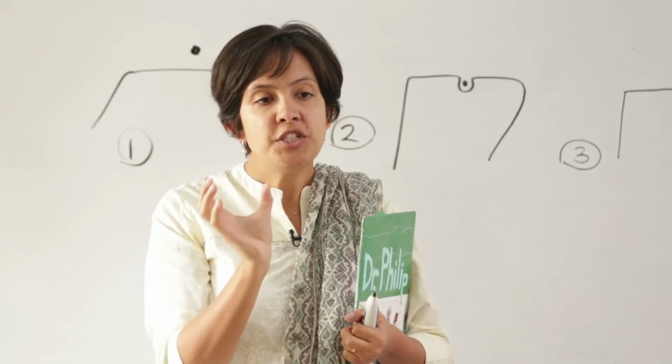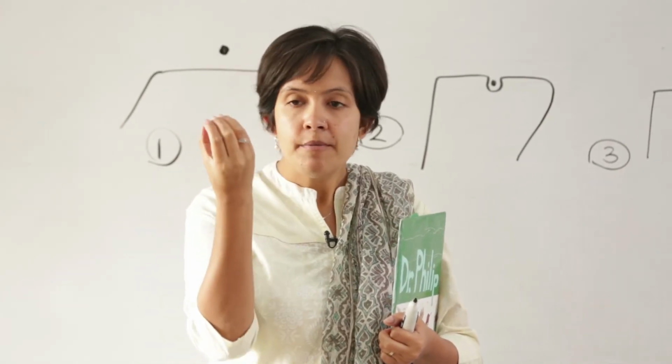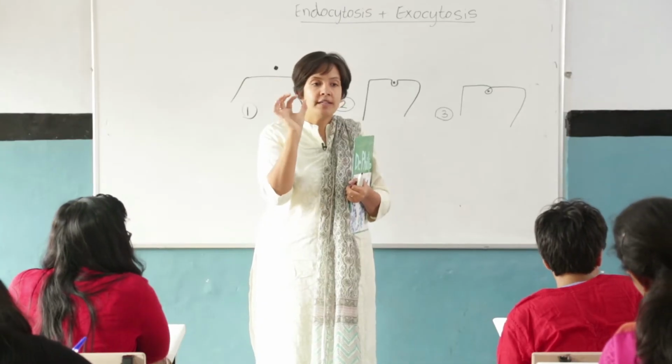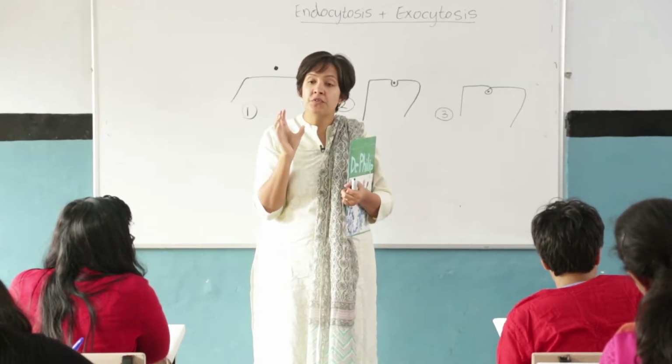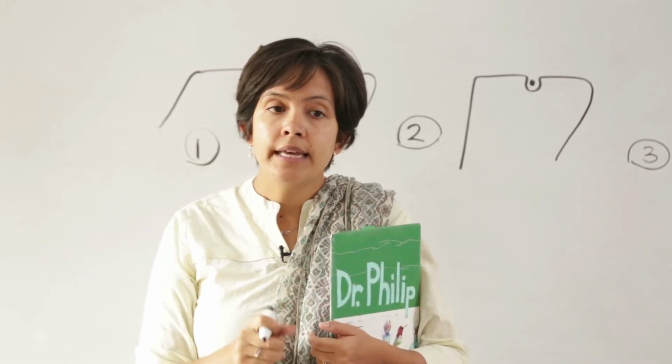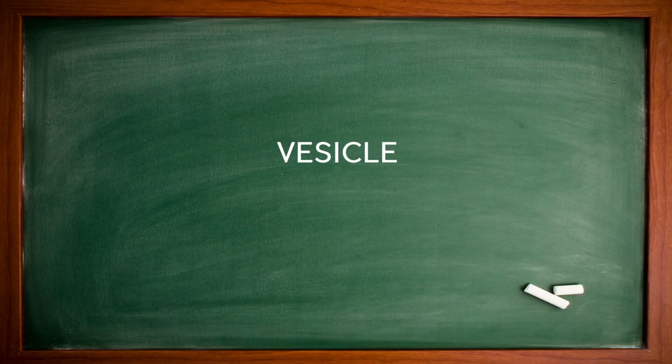And that little dip in the cell membrane changes shape so much that it's able to pinch off an entire circle or sphere of membrane. And the name that we give to that sphere of membrane that is now inside the cell is a vesicle.